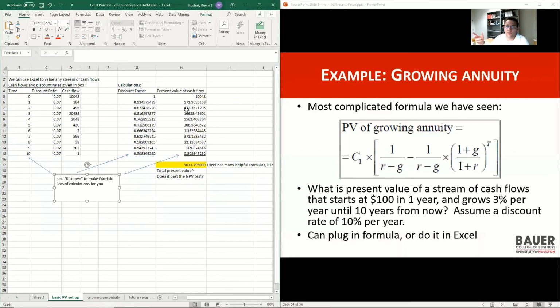It could be 100,000 times if that's what you wanted. Here we just did 10, but the point is Excel can do it in no problem. And so you can get an arbitrarily complex stream of cash flows, arbitrarily long stream of cash flows, and it's not a problem for Excel at all to value that. So this is useful for you to check your work and kind of advance. You can build on this and do a lot with just these few simple ingredients.